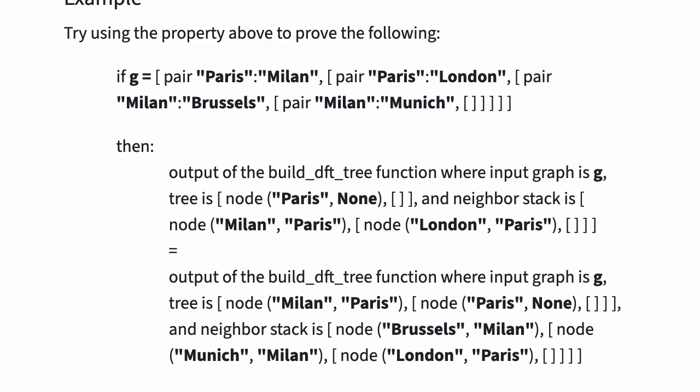If G is equal to pair Paris-Milan, Paris-London, Milan-Brussels, and Milan-Munich, then the output of the build DFT tree function, where input graph is G, tree is node Paris-None, and neighbor stack is node Milan-Paris and London-Paris, is equal to the output of the build DFT tree function, where input graph is G, tree is node Milan-Paris, Paris-None, and neighbor stack is node Brussels-Milan, node Munich-Milan, and node London-Paris.